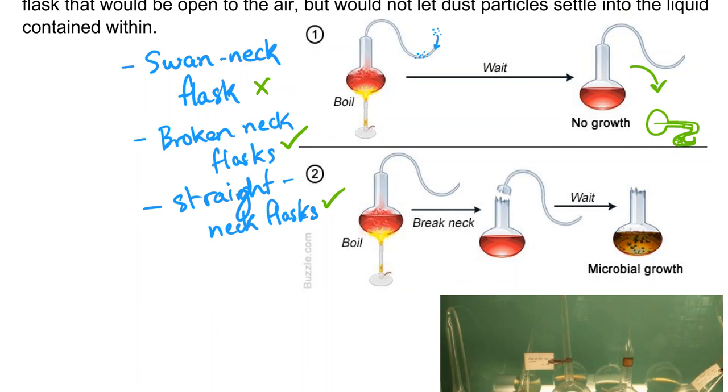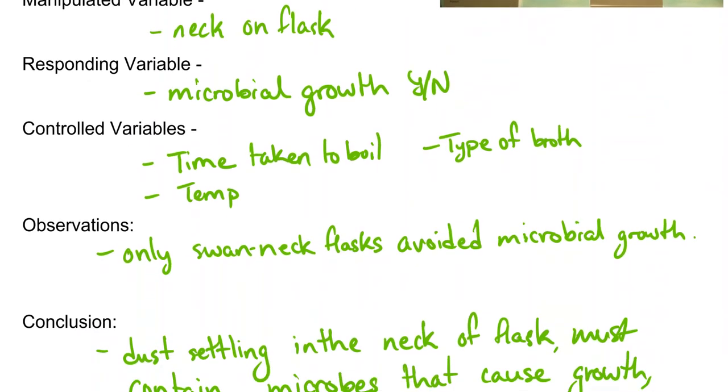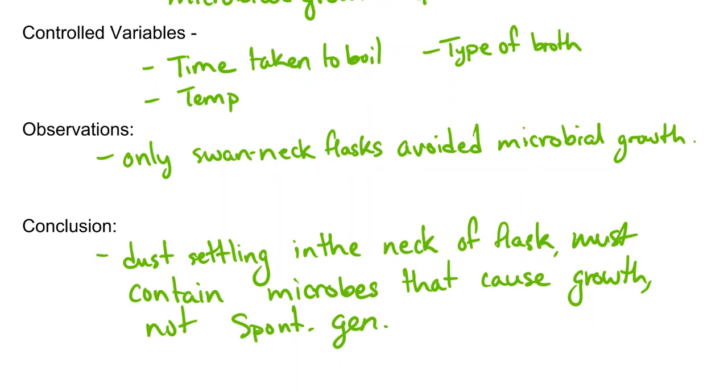So hopefully that makes sense. Hopefully you can take away that with proper experimentation, you can either support your ideas or refute ideas. And so this idea of Louis Pasteur's swan neck flask really was the nail in the coffin that refuted the idea of spontaneous generation.